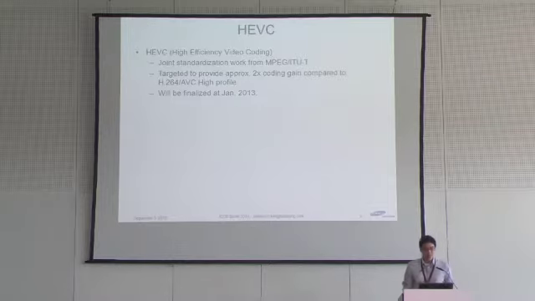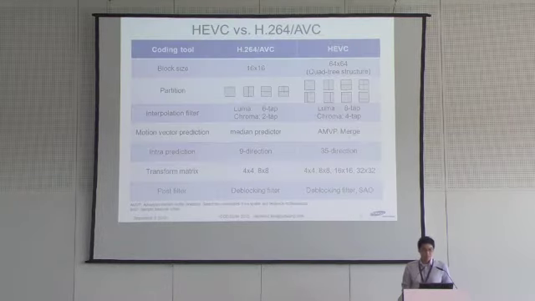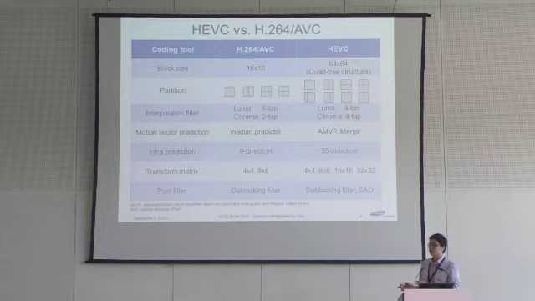The HEVC is targeted to improve the coding efficiency compared to H.264 at the high profile. This standard will be finalized in January 2013. This is a brief comparison of HEVC and H.264. Their coding blocks are up to 64 by 64, and there are many partitions, including asymmetric partitions.